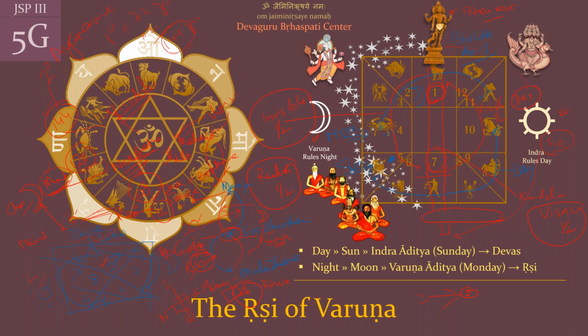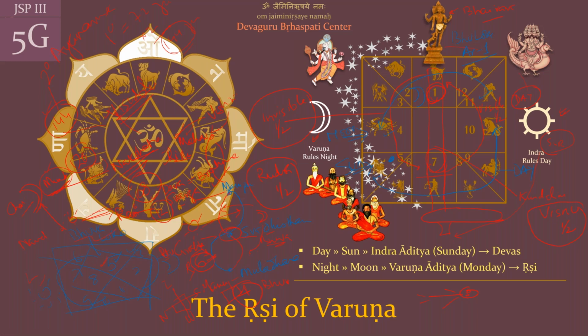Moon is connecting to the rishis. The rishis are only visible in the night time. You look at Saptarishi. Can you see the Saptarishi in the daytime? No, you cannot see the Saptarishi in the daytime. Saptarishi are only visible in the night time. How interesting. So therefore, the rishis are night related and the devas are day related as far as we are concerned.